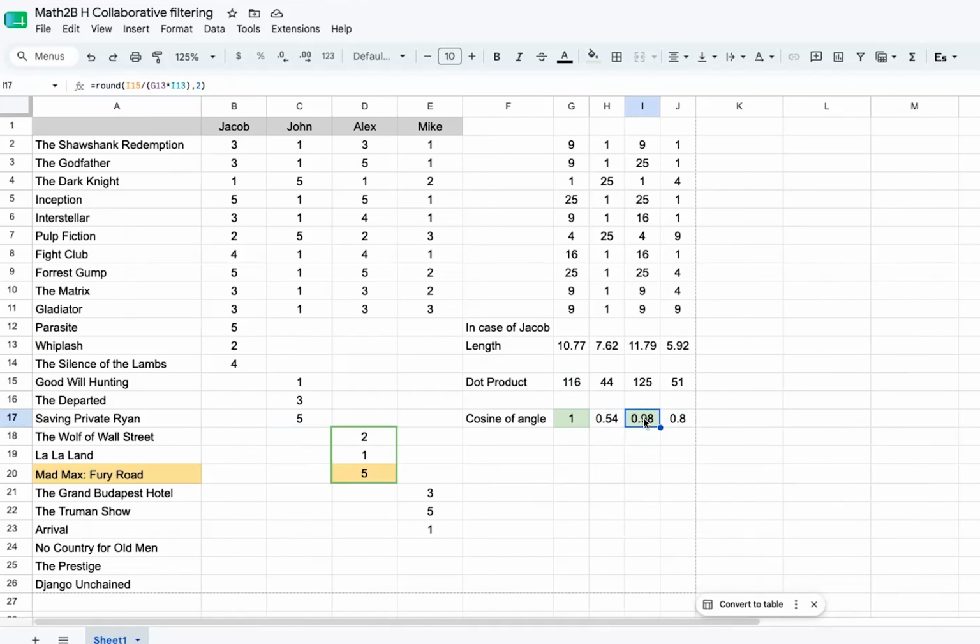Then we find that Jacob is most similar to Alex's taste. We look at the three more movies that Alex watched and Jacob hasn't watched yet, and we choose the one that Alex gave the highest rating, which is Mad Max. Then the system will feed Mad Max to Jacob, which Jacob is most likely going to like.